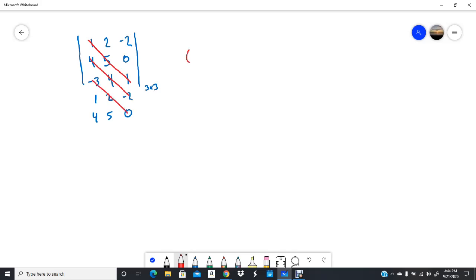So 1 times 5 times 1 plus 4 times 4 times negative 2 plus negative 3 times 2 times 0. And then we're going to subtract the opposite diagonals.